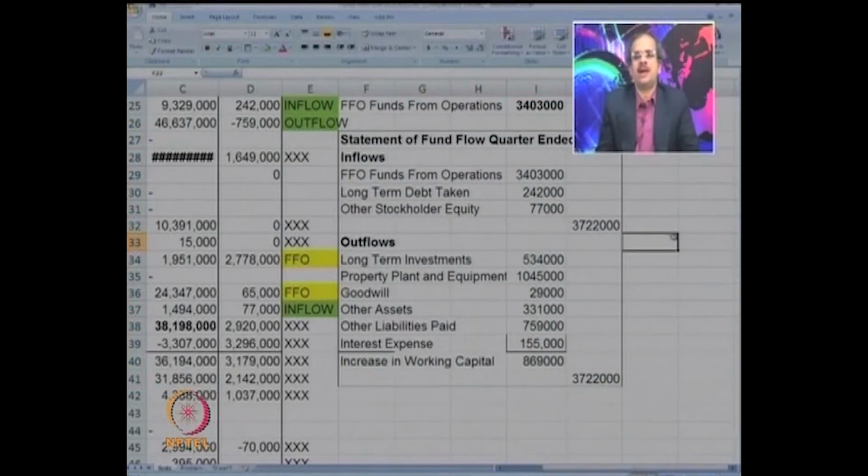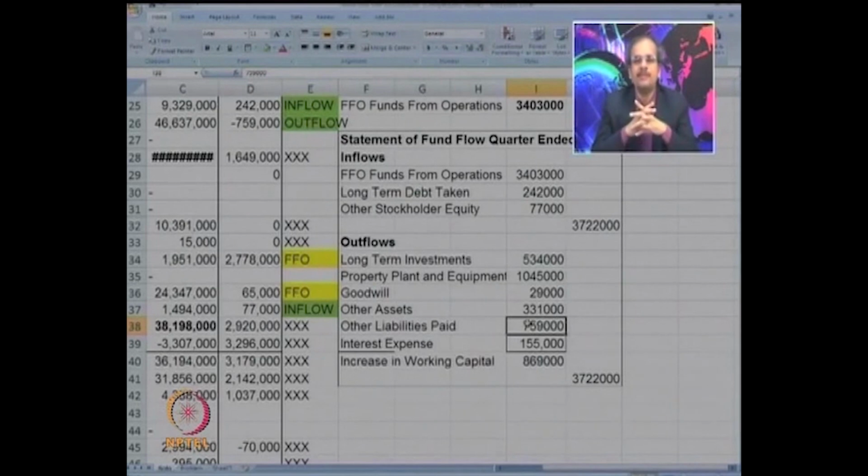You will realize that out of 3722, the main amount 3403 is fund from operations, and as far as the outflows are considered, the biggest is new purchase of plant, and also to an extent increase in the working capital. They have also paid off some old liabilities.